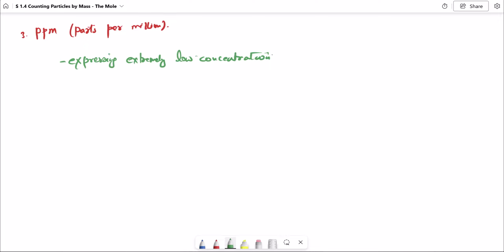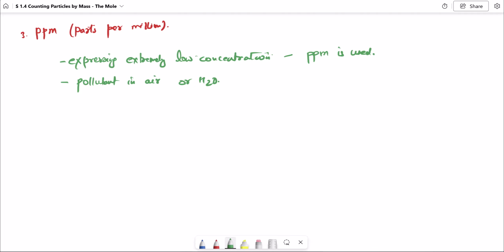So this unit is used. ppm is used. This is useful when giving a concentration of pollutants in water, right? When we calculate the pollutants in air or water, right?